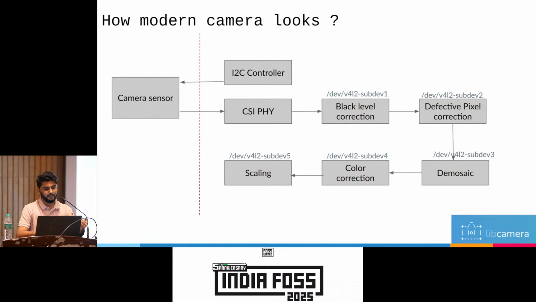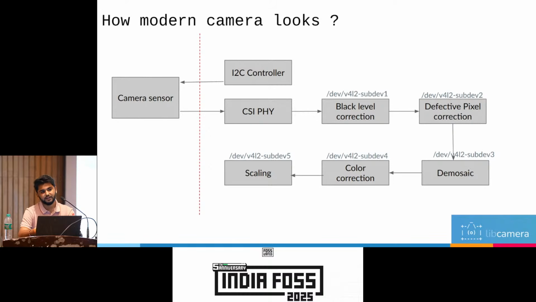The camera sensor has a control unit over the I2C bus, and you can send instructions to the camera sensor. Whenever data comes, it comes over the CSI2 pipeline, which the CSI2 receiver handles, and based on the bus it goes to the black level block.